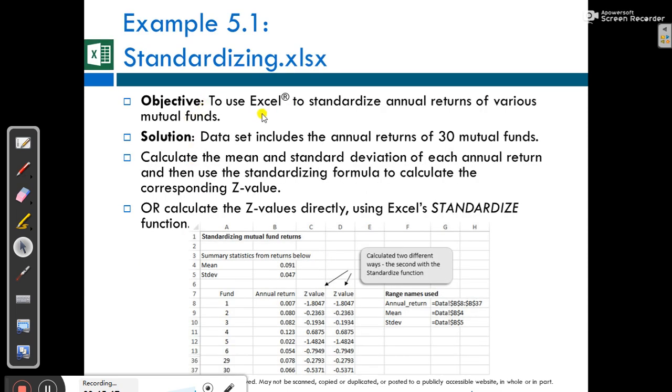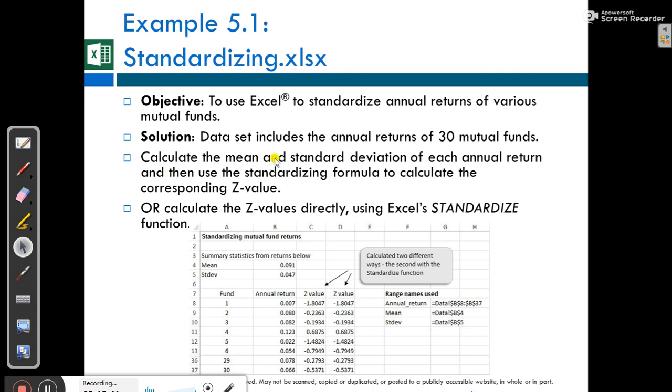So you can follow through this example where we can standardize the value. This is the original value, this is the z value, calculated two different ways. The second is with the standardize function. The data set includes the annual returns of 30 mutual funds.